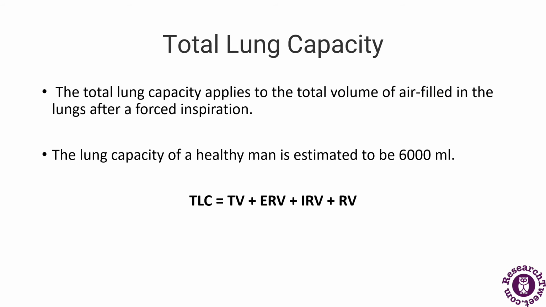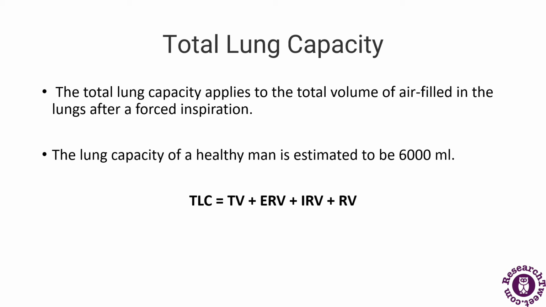The next is about the total lung capacity. We have discussed the respiratory volumes until now. Now there is a term called lung capacity. The total lung capacity applies to the total volume of air filled in the lungs after a forceful inspiration.